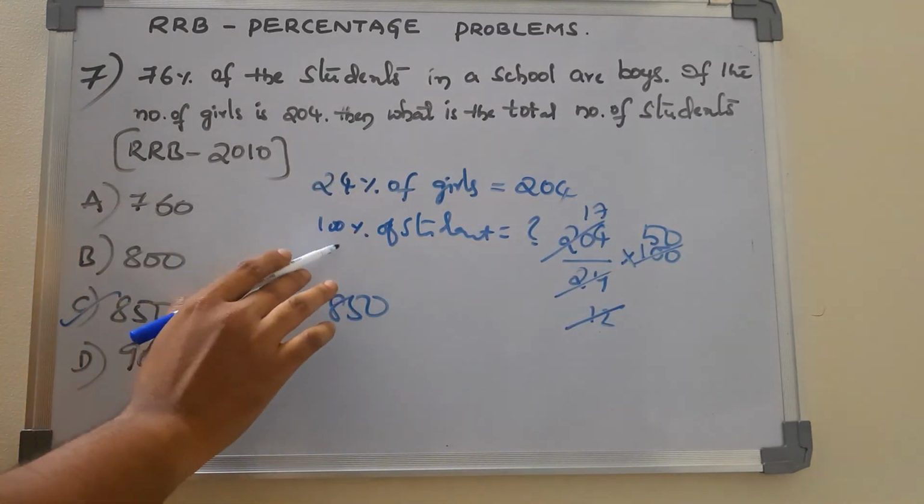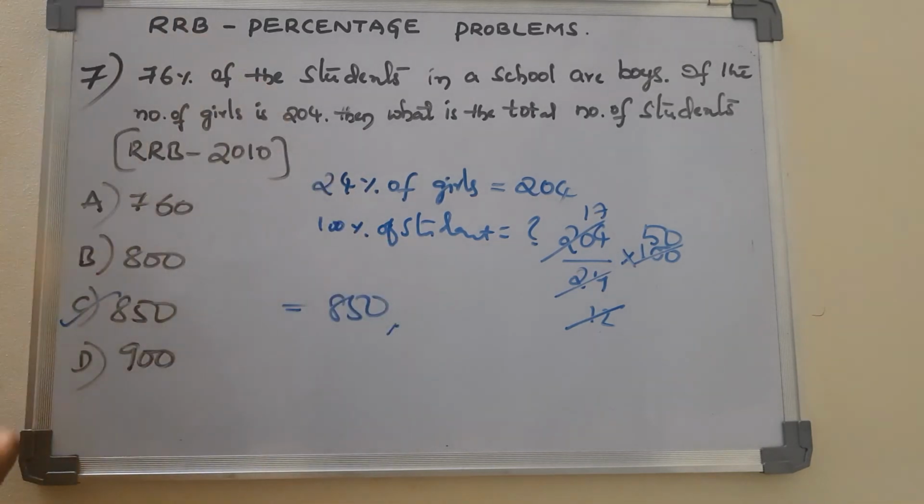So the 100% of the students is 850. So C is the answer.